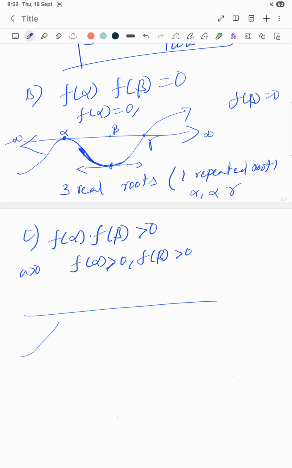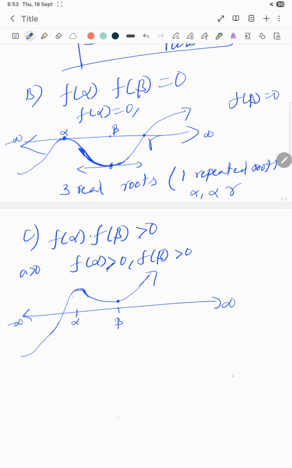F of alpha positive means the curve at alpha is positive, and also at alpha you should take the turn because alpha is a root of f dash of x equal to 0, and somewhere beta is here. Again you should take the turning at beta also, because f dash of beta is 0. Alpha and beta are the roots of f dash of x equal to 0. Means the curve will go like this. It will go to positive infinity as x tends to positive infinity.